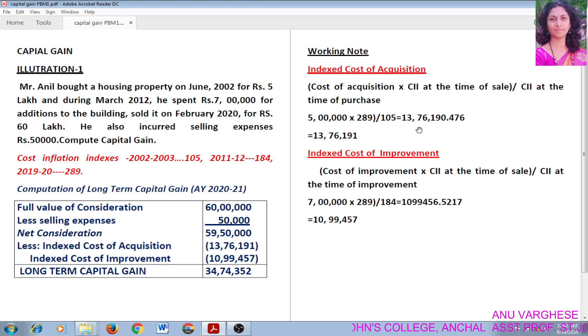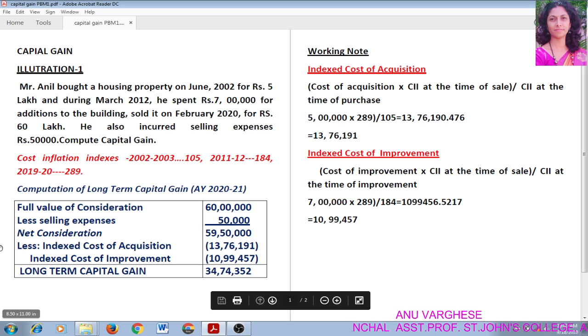We are getting 13,76,190.476. We can round this off to 13,76,191. We can deduct this figure from net consideration. Right here, less indexed cost of acquisition, 13,76,191.